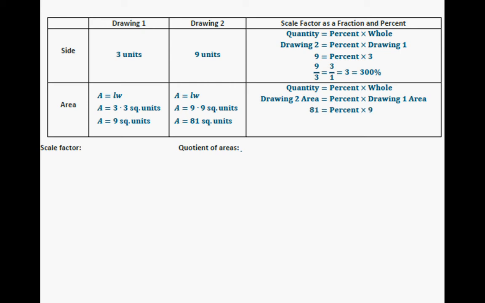So 81 is equal to percent times 9. And when we get our scale factor, that would be 9 over 1, or 9, which as a percent would be 900%. So the scale factor between drawing 1 and drawing 2 is 3, and the quotient of the areas is 9. Because again, the quotient of the areas means 81 divided by 9, which gives us 9.